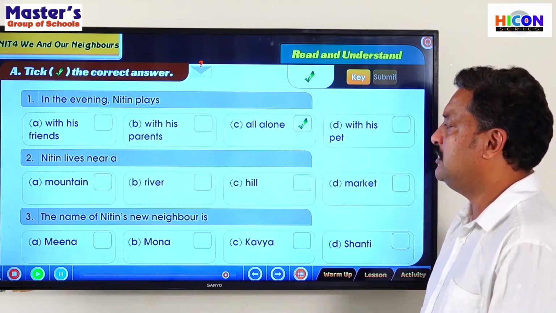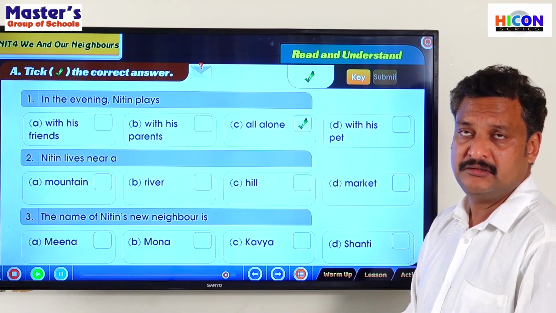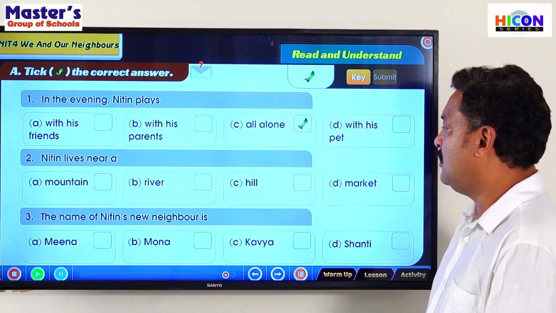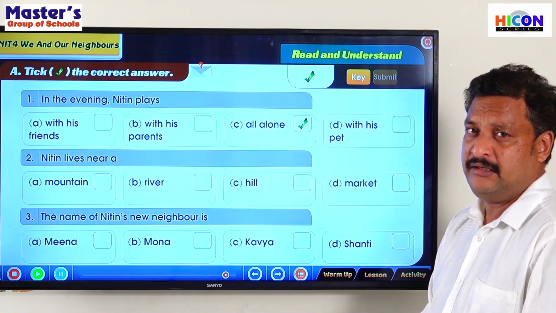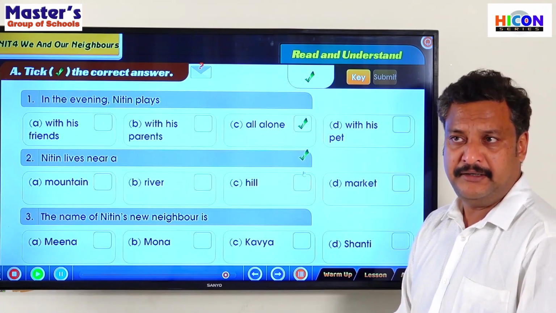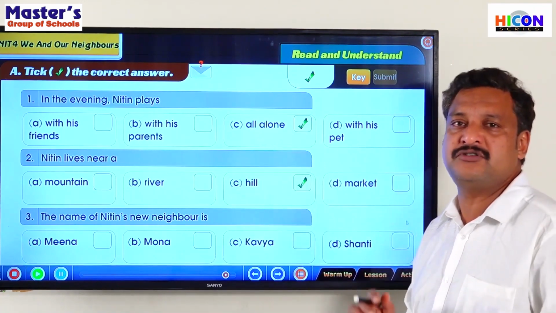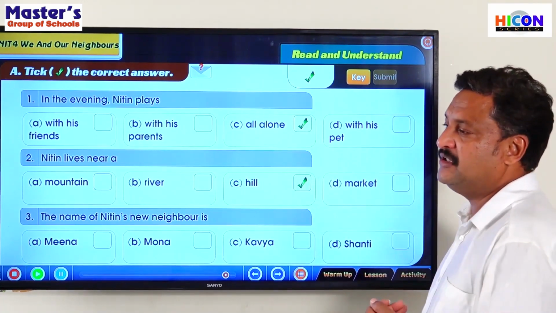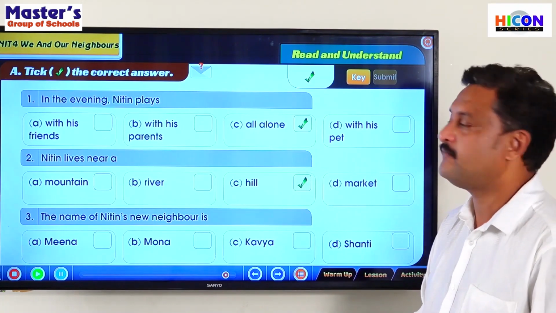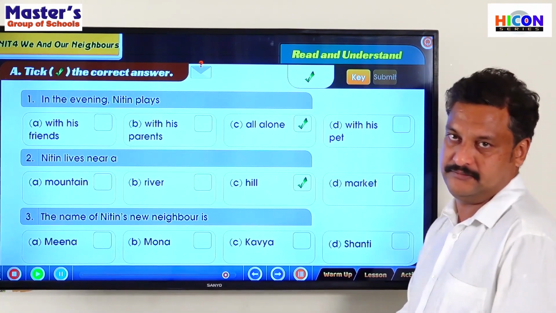No. Then was it a river? No, we never came across anything like a river. Was it a hill? Yes, isn't it? Yes, Nitin's house was near the hill, and there was good breeze also, good wind also, which helped Nitin to fly the kites, isn't it? Yes, so that was a hill, right?